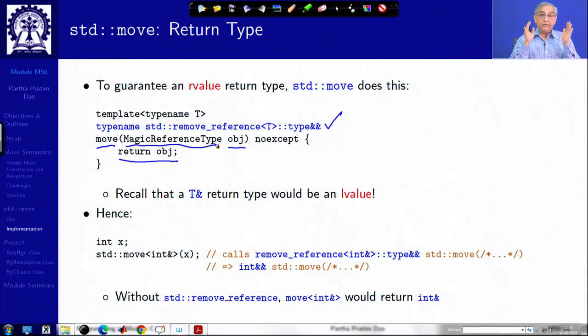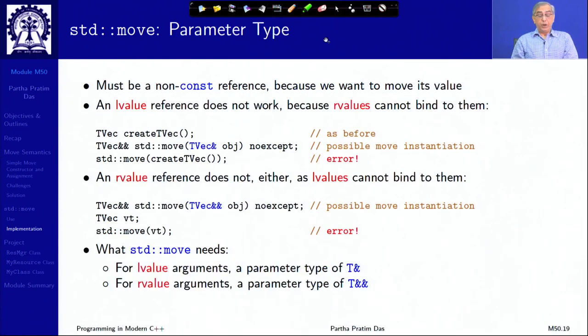So, we have addressed the return type of std::move. What will be the parameter type? So, for parameter type, what are the things that we know? That it must be a non-constant reference because we want to move its value, right. So, that is clear that it has to be non-constant. First point is obvious.